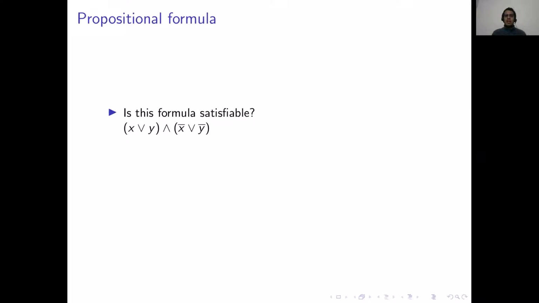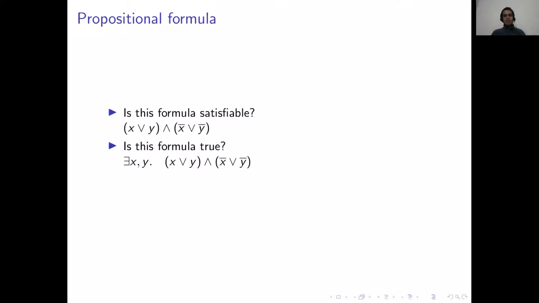If I ask the question whether this formula is satisfiable, or whether this formula is true, they are essentially the same question. Propositional formulas are a special case of QBF formulas, and satisfiability of propositional formulas is a special case of the problem of deciding whether a QBF formula is true or false.